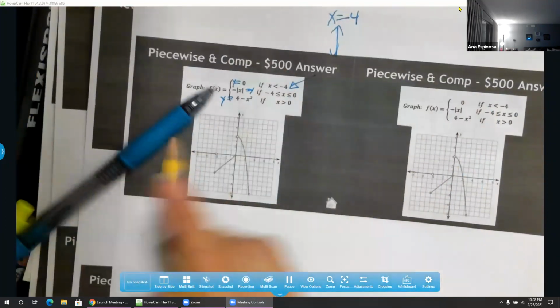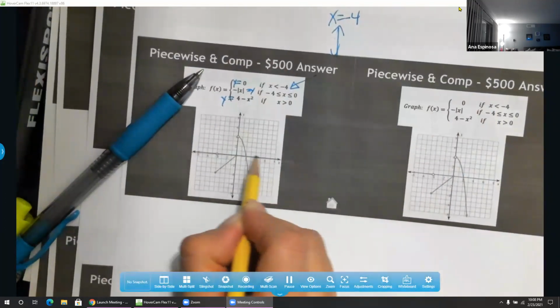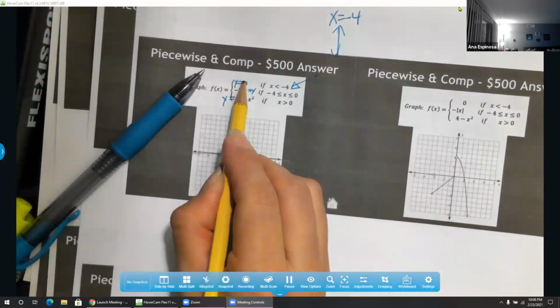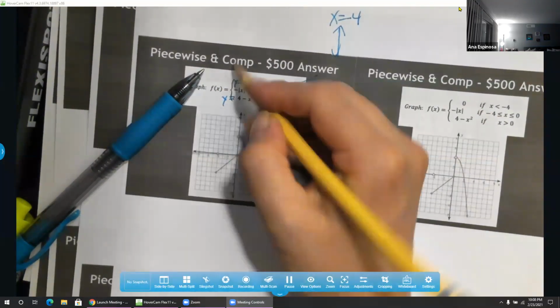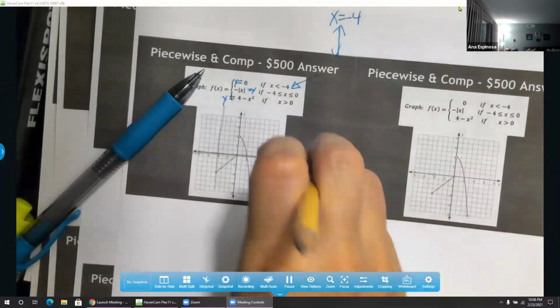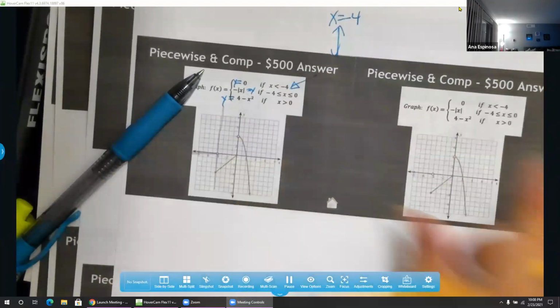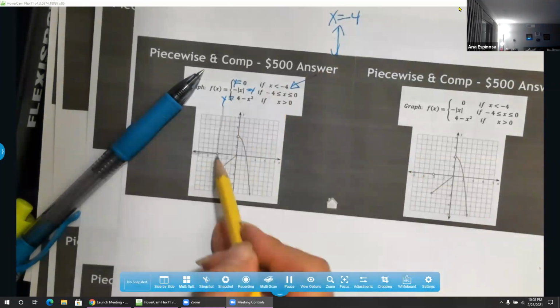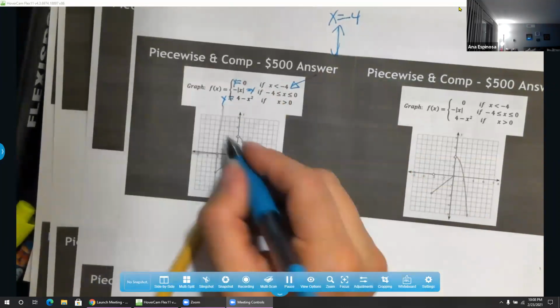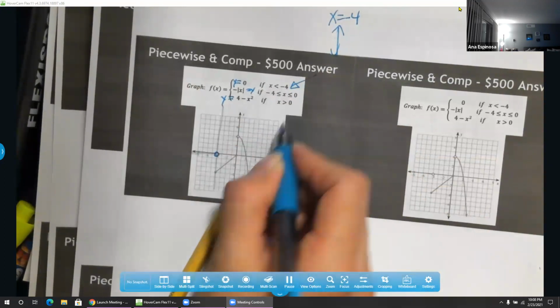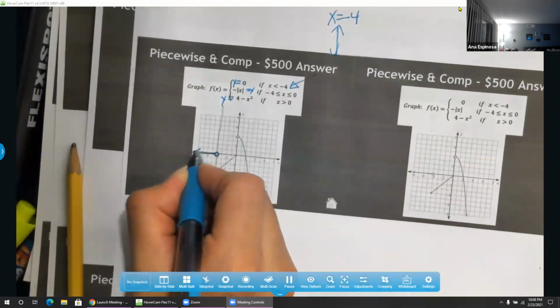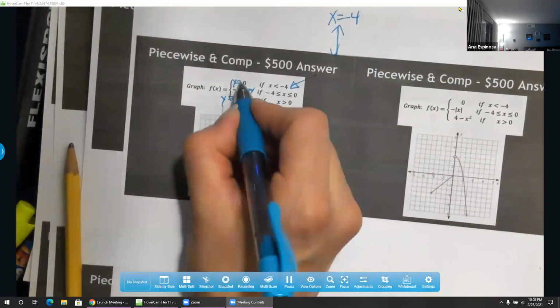So this is a line all the way like that. That's this graph, okay? That's this line, but it's gonna get cut at -4. So I find it, boom, I cut it. And I only keep what is less than -4, which would be this side. It is an open circle because that is a less than with no bar underneath. So that first graph in blue, that's this one.